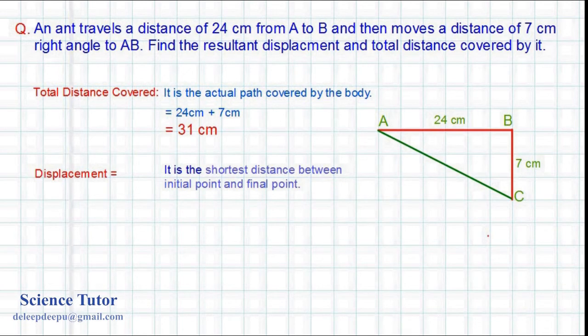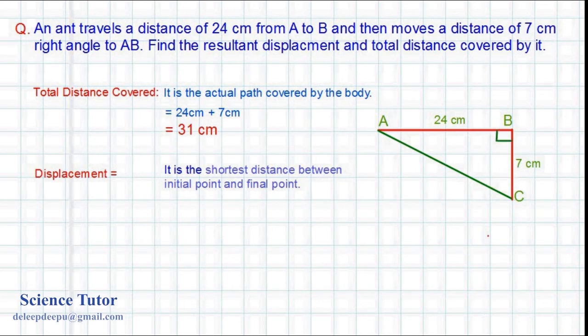Now look at the triangle ABC. Here AC is the hypotenuse of the right angle triangle ABC. Here B is 90 degrees, AB is 24 and BC is 7. We want to find AC.